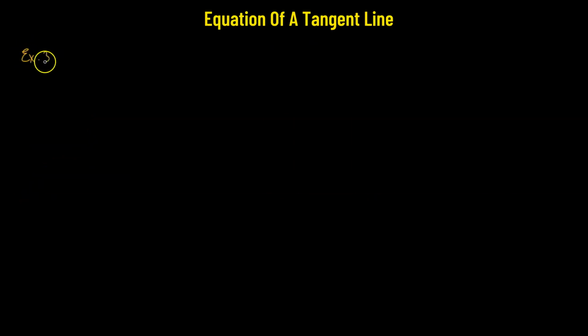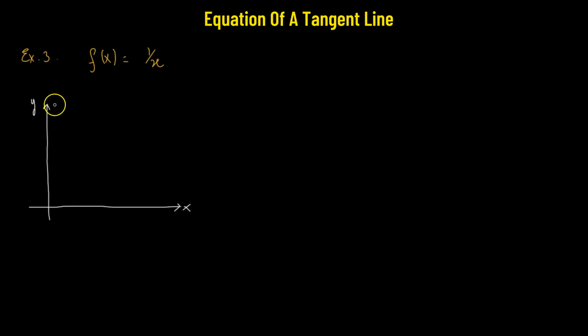Example number 3. Let's say we consider the function 1 over x. So 1 over x is simply the function which blows up near the origin, and it is going to decrease as x increases. Let's say we want to find the equation of the tangent line at the point x equals 2 and f of 2.